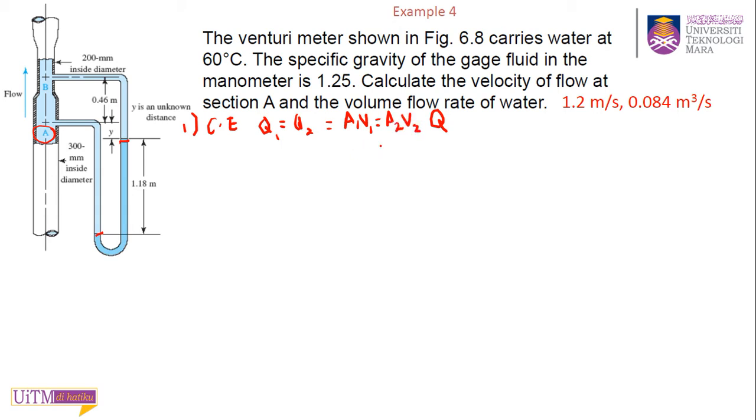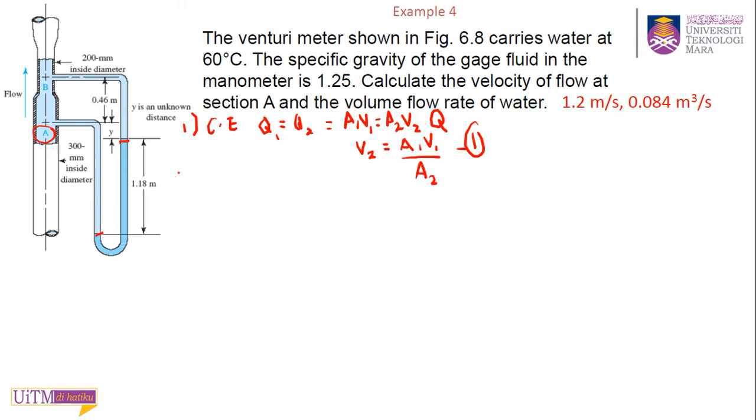Because finally you want to find the V at point A. If you take A as your first point and B as your second point, you need to write V2 in terms of V1, so that you can replace it in the later equation. So V2 equal to A1 V1 over A2. This equation you will substitute in the next equation.